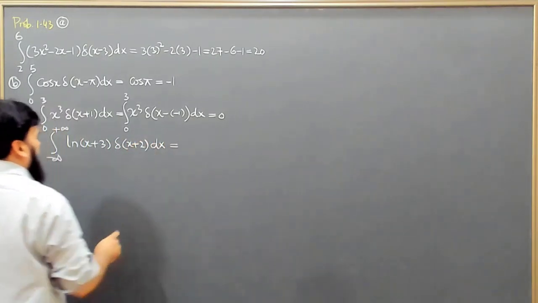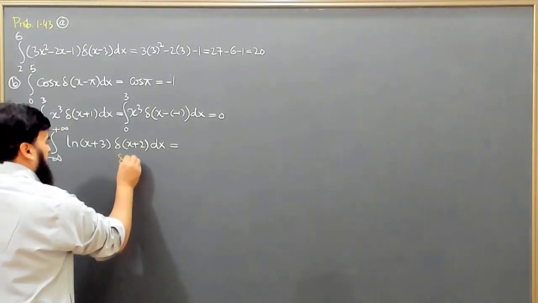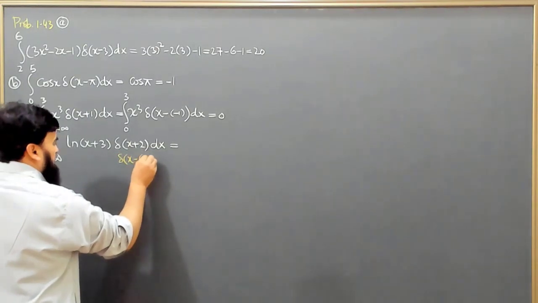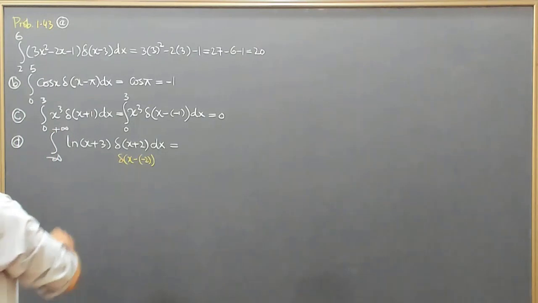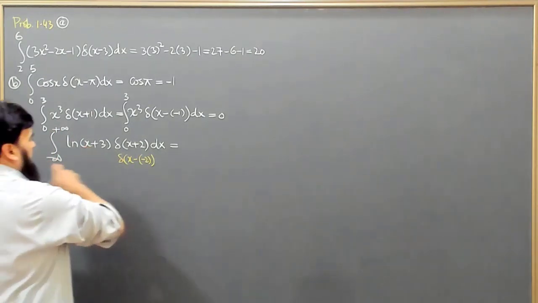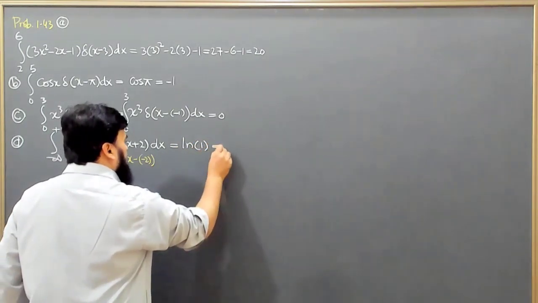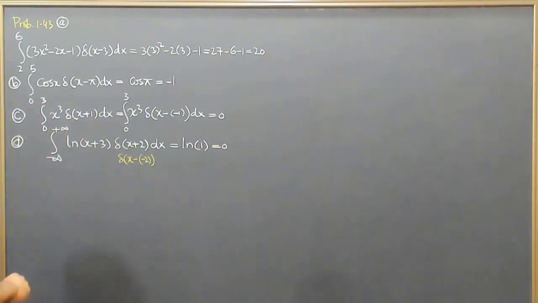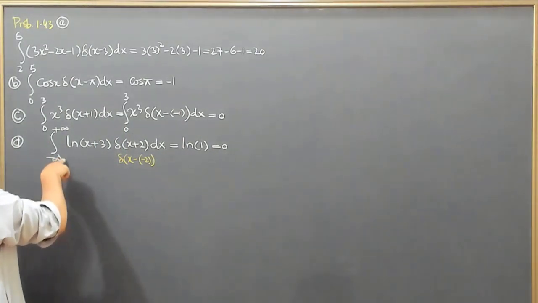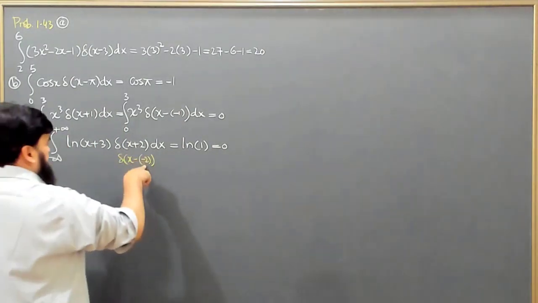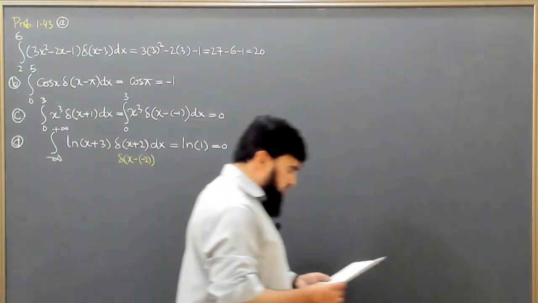It means it will convert into delta of x minus 2, so we will write minus 2 for x, and it will become log of 1, and log of 1 we know is equal to 0. This is the reason: from minus infinity to plus infinity, minus 2 is in this range, and we got this thing equal to this.